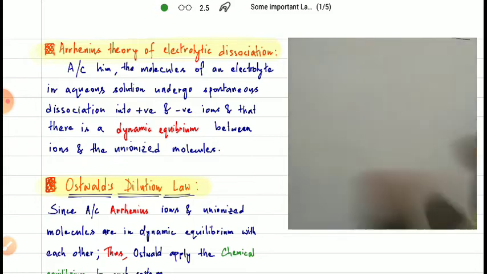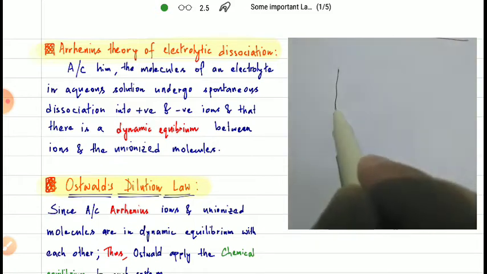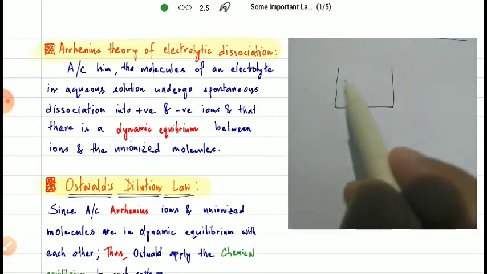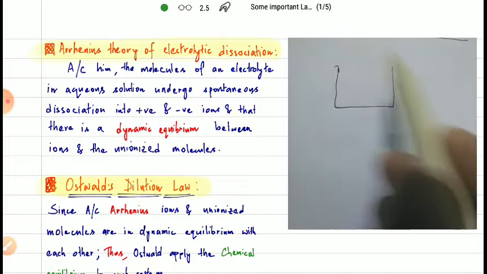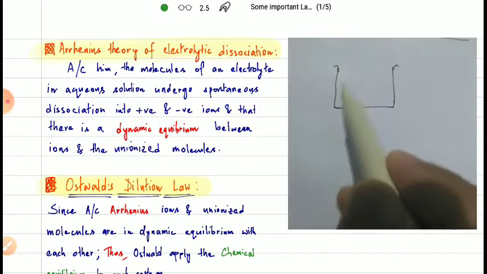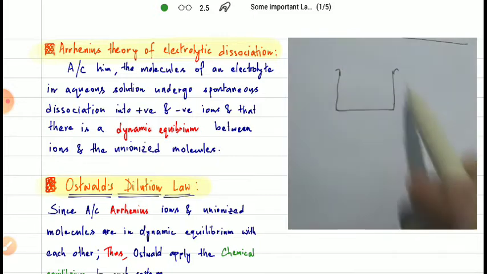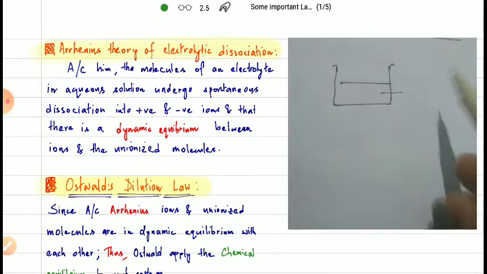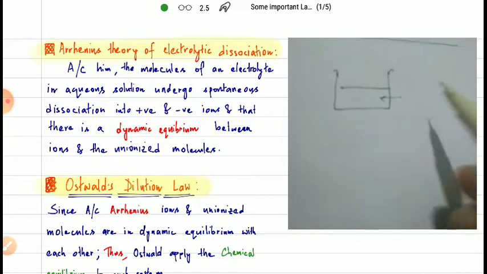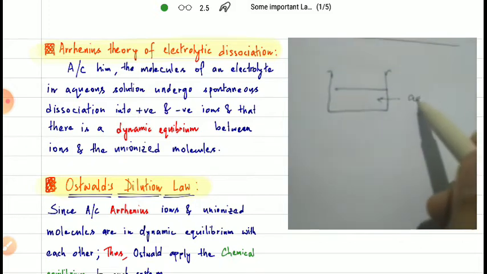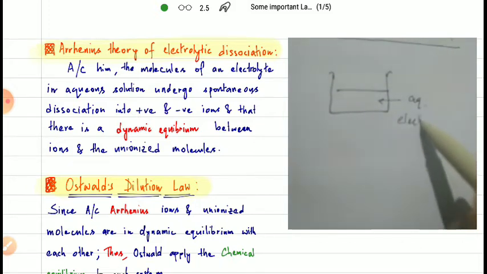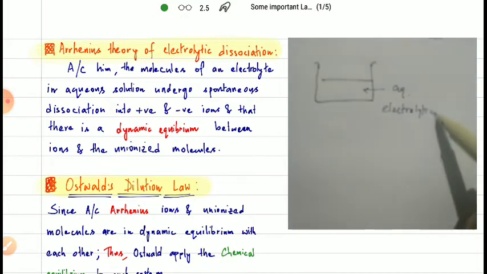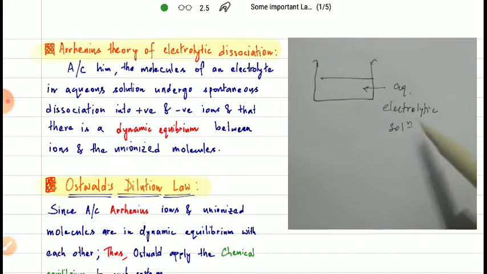You can understand this theory by taking an example. Let's suppose you are taking a beaker and some aqueous electrolytic solution inside that beaker.